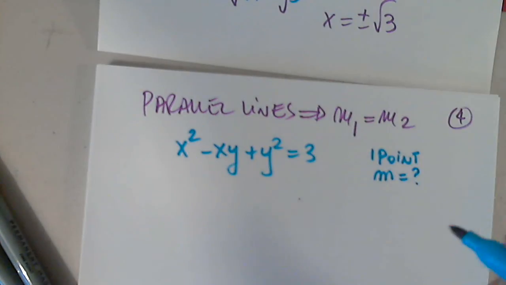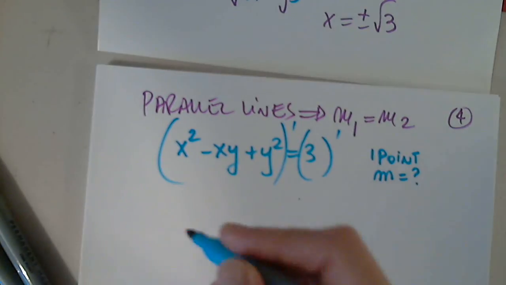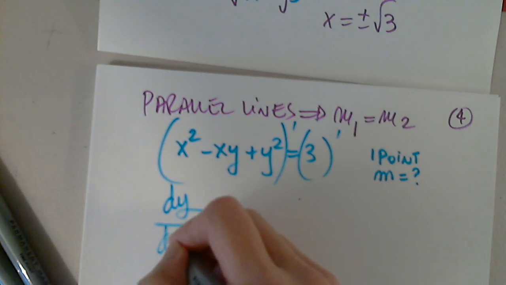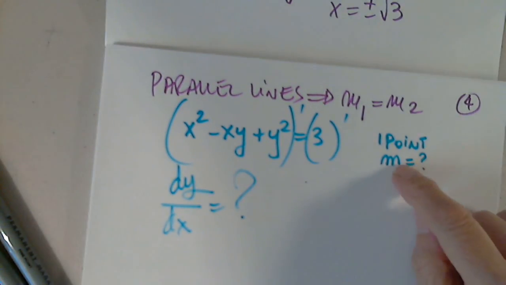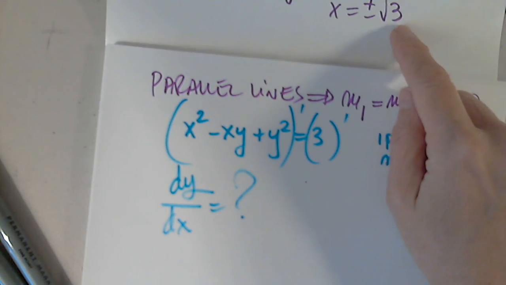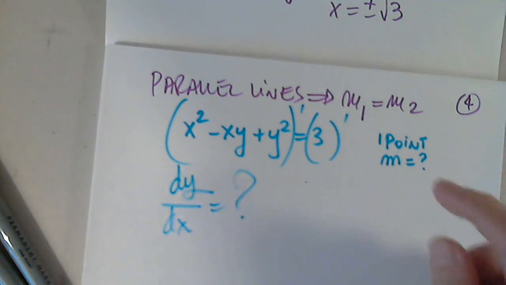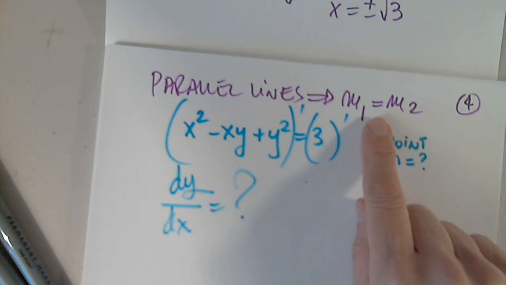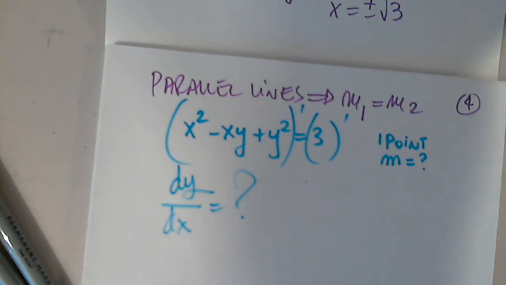You differentiate the equation. I have to find dy over dx. Without dy over dx, I will never be able to find the slope. In dy over dx, after that, I will plug in the square root of 3. I will plug in the negative square root of 3, and the numbers must be the same. If they are not the same, then I have to go back to the drawing board.